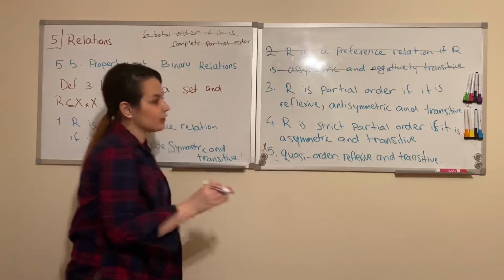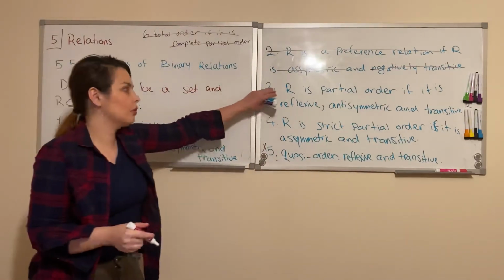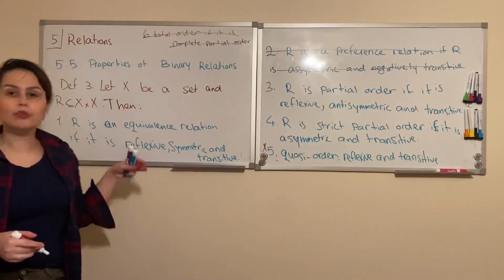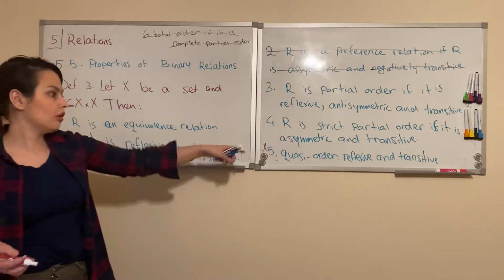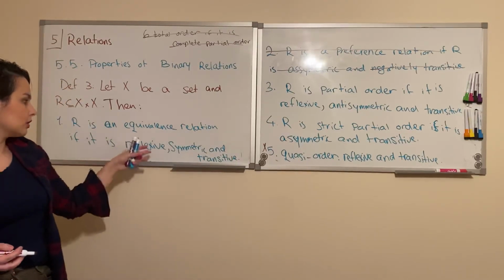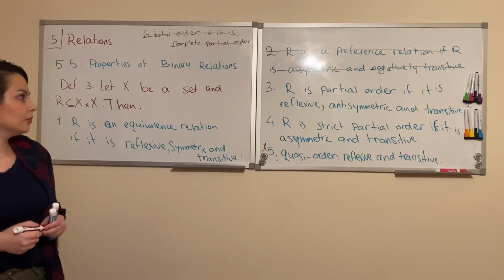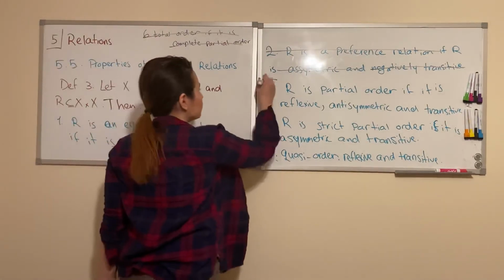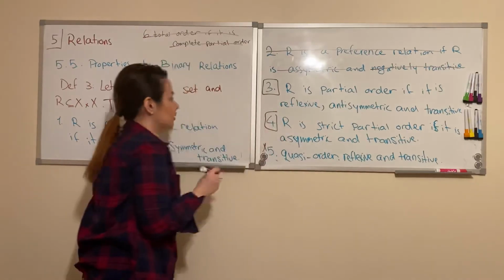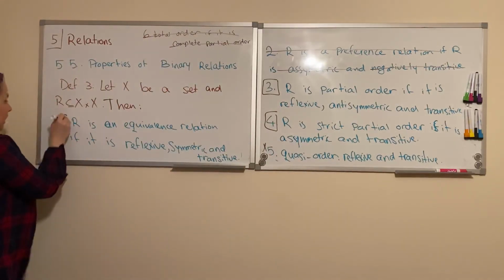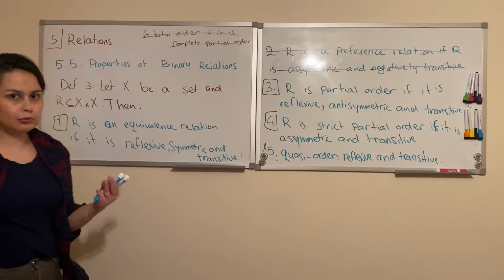Quasi order is reflexive and transitive, so any partial order and any equivalence relation is actually quasi order because it is already reflexive and transitive. But the ones that I want you to know are these 3, and I told you how to memorize that.